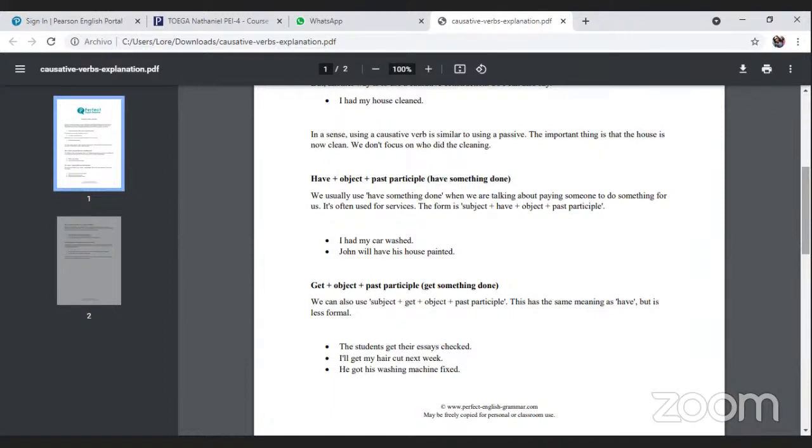It's not wrong to choose one or the other. It's correct to use both when you're trying to say the same thing. There's not a big difference. Okay, that is great.